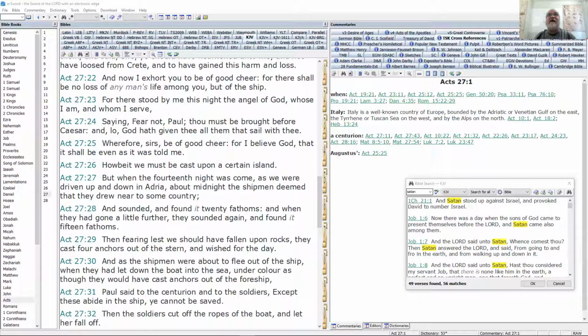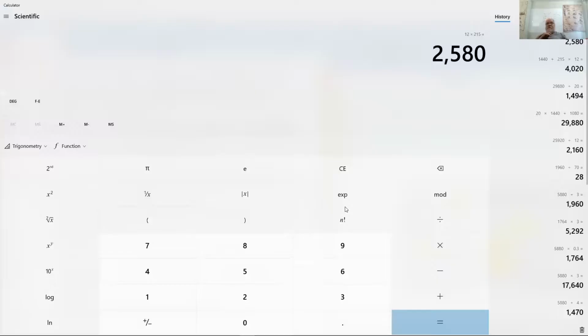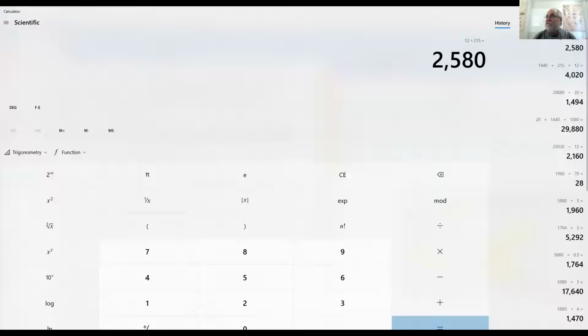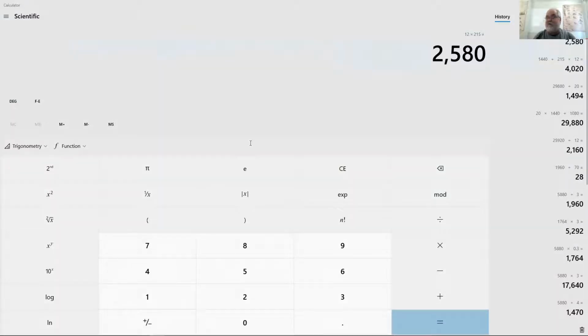So if I take 215, now this is 12 times 215. What number do I get? You can see it there. But how would you look at this number? What is this number? I mean, we know what it is. It's 1290 doubled.